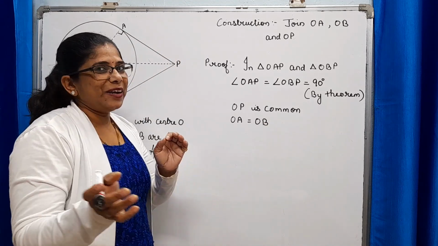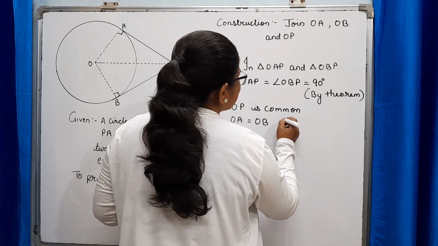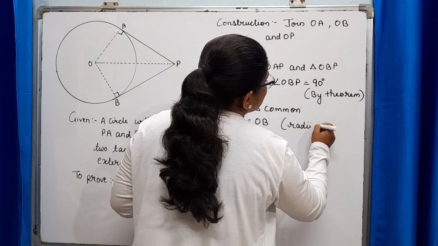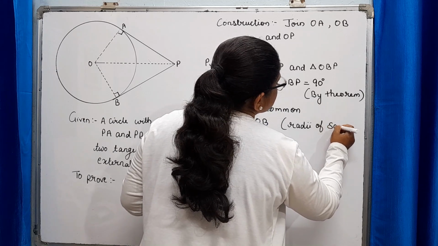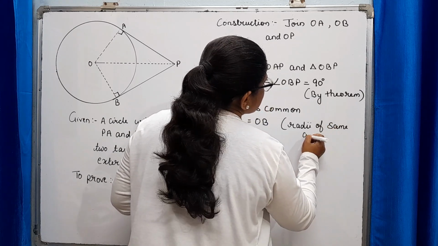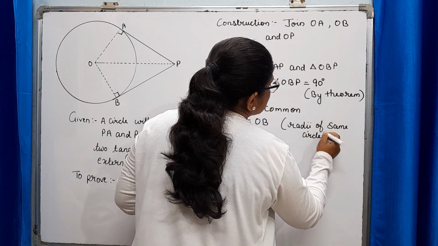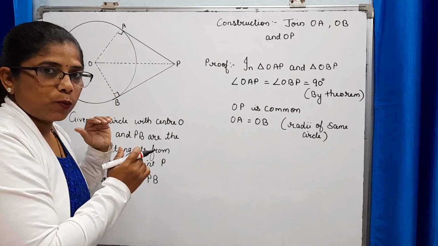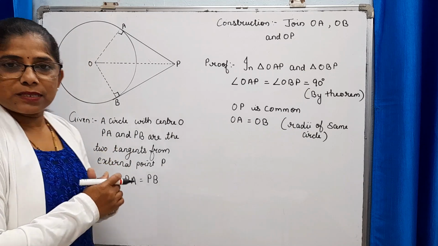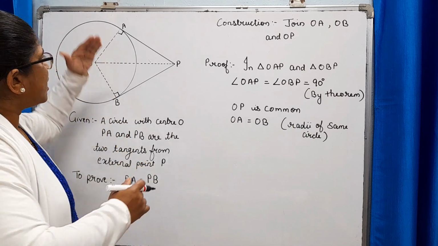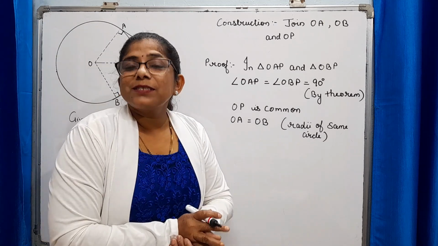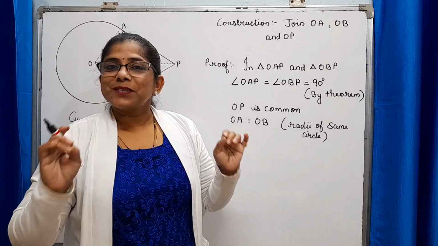Quite simple, they are radii of the same circle. So in these two triangles, we have a right angle which is equal, the hypotenuse is equal, means it's common, and one side is equal. So these two triangles are congruent by the RHS rule.